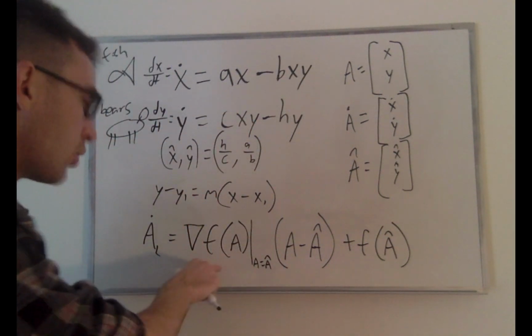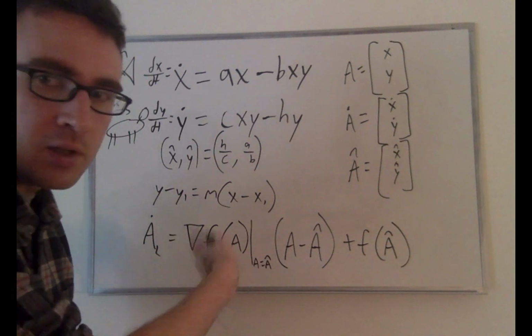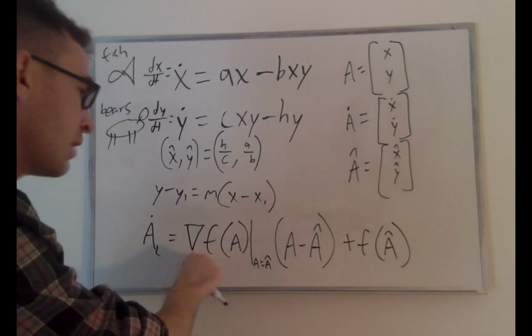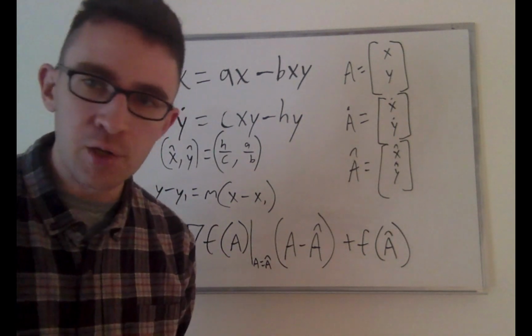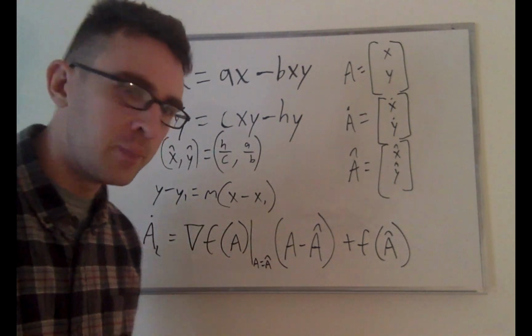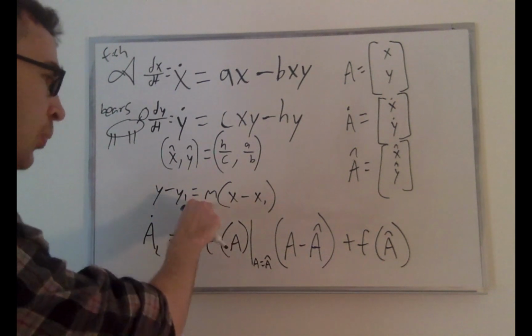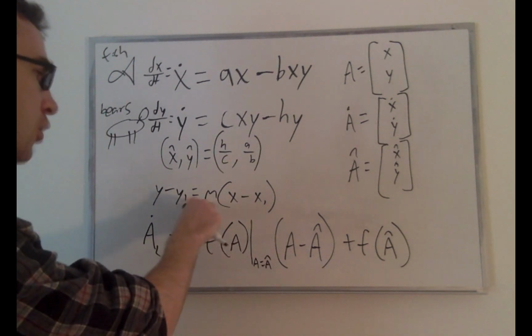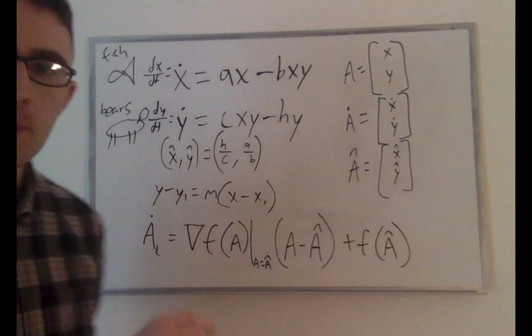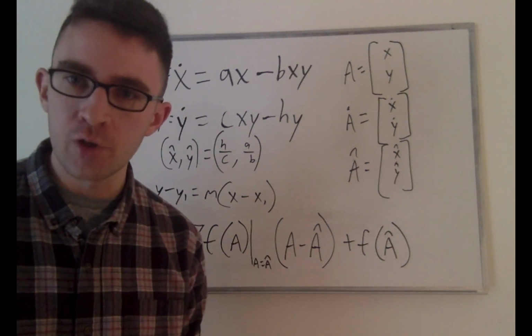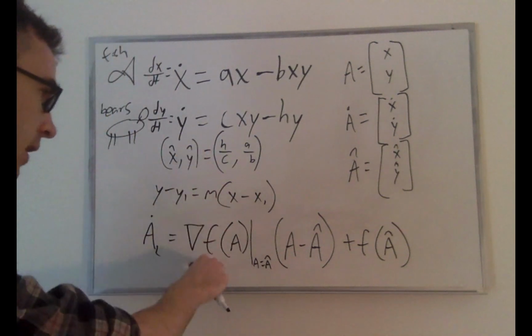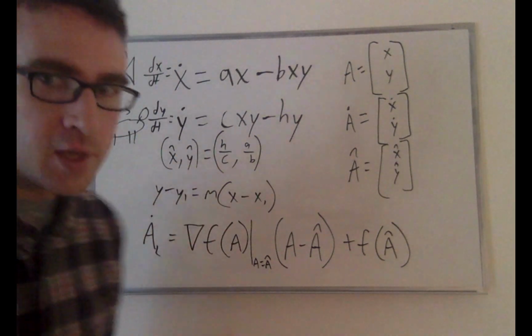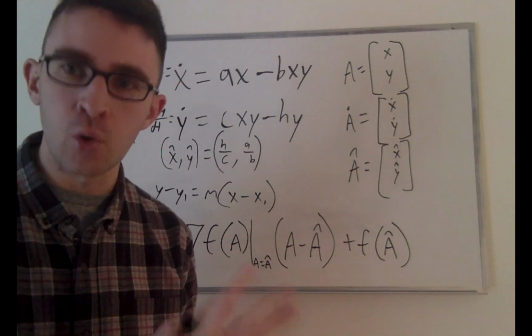Once we start plugging things in the next step, this will hopefully make more sense. So this is basically the slope term, because the slope in our point slope formula is describing the change of the function with respect to the variable. The gradient is just the slope of the entire system of differential equations.